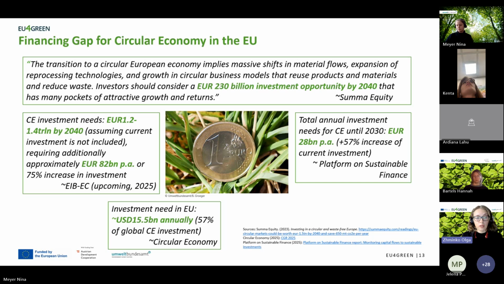Then there is a study which will be published soon, either in November or December this year, by the EIB and the European Commission, where the total investment need by 2040 is assessed at 1.2 to 1.4 trillion, and the approximate annual financing necessary is at the level of 82 billion.